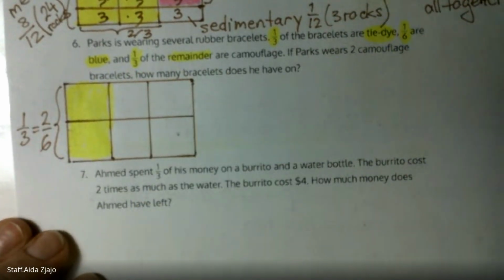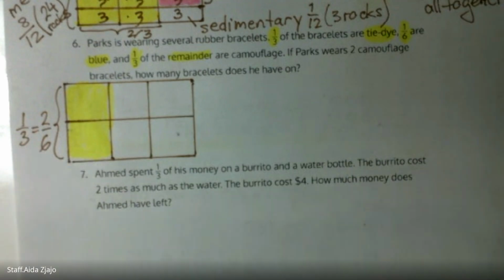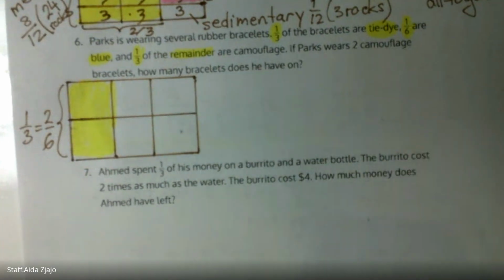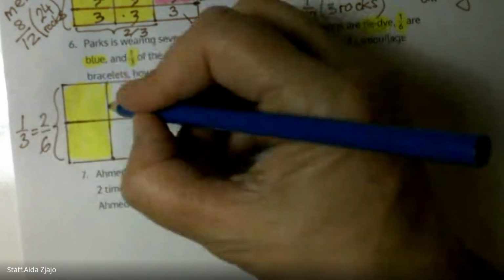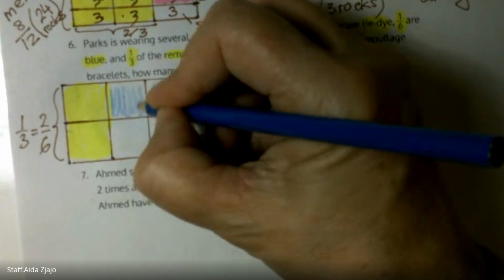This 2/6 is 1/3, and these are the blue bracelets.